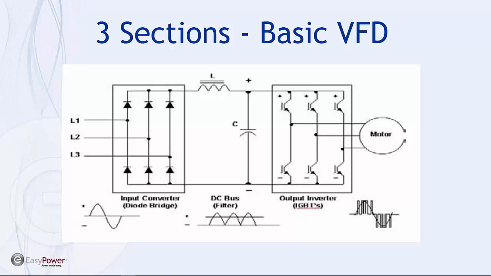A basic VFD has three primary sections for the most part: a rectification stage, the DC filtering stage, and then the motor switching stage, which generates the drive for the motor itself. These first evolved in the early 80s, and the fact that higher current, higher voltage semiconductors were becoming available at that time made this type of motor control much more practical.